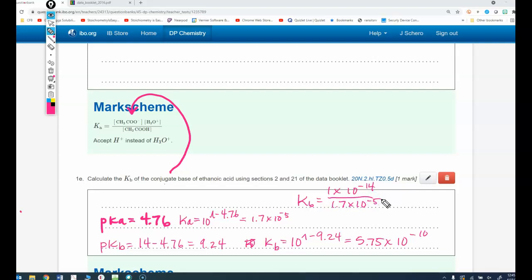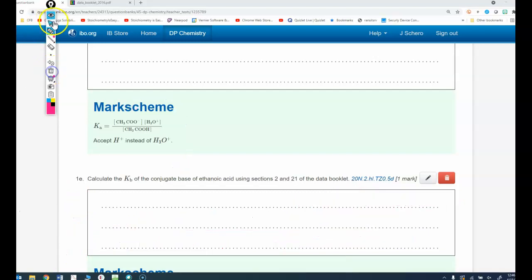When we do that, I get the exact same value, 5.75 times 10 to the negative 10, just like we thought. So either way, number 1 or number 2 are options for solving this problem. Hopefully you didn't have much trouble with that one.